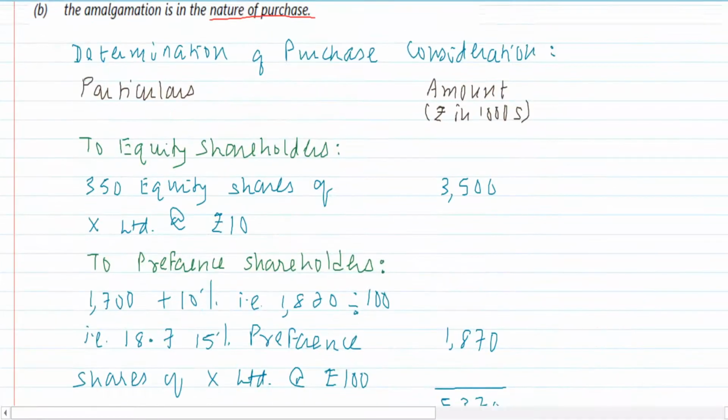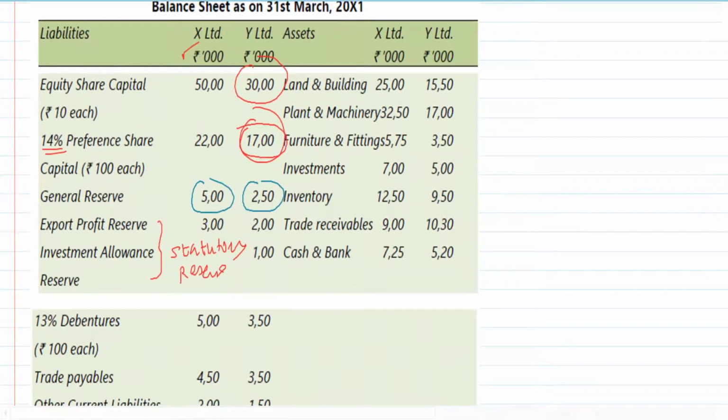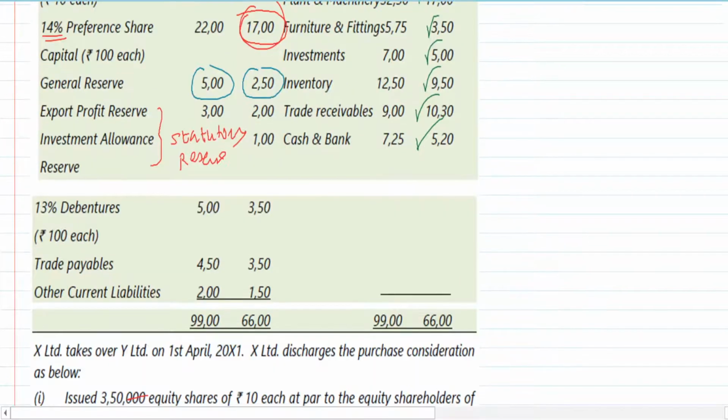Yes, for the net assets taken over, I'll refer to the balance sheet this time. I will take over land and building, plant and machinery, furniture and fittings, investments, inventory, trade receivables, cash and bank. Every asset will be taken over. And in this question, they have not given us any other aggregate values.